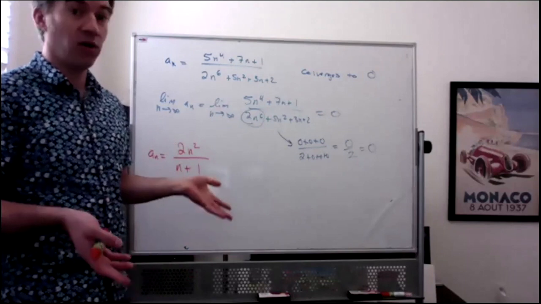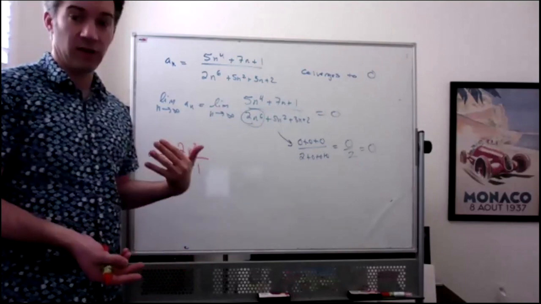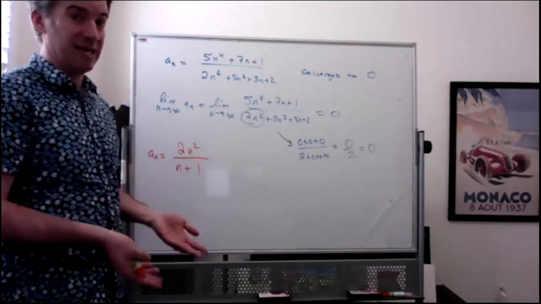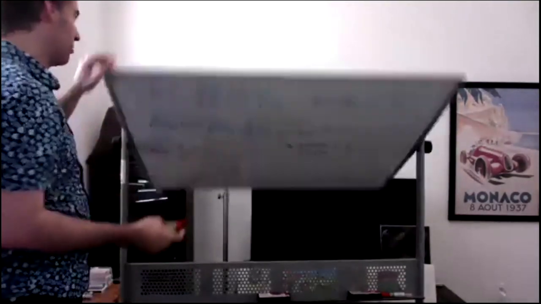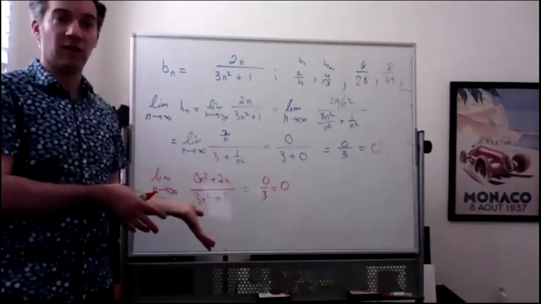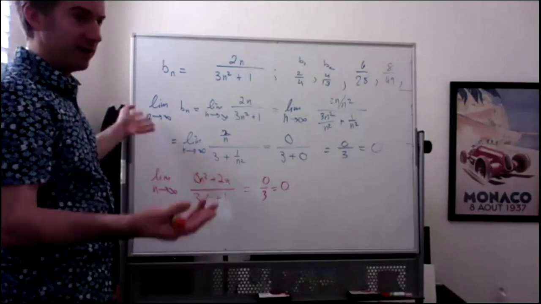Just like a 0 over 0 limit is an indeterminate form, so is infinity over infinity. What that means is that it can end up being anything, right? In this one, infinity over infinity was 0. In this one, infinity over infinity was also 0. But in some of the previous ones, infinity over infinity was a different number, like 3 or 2 or 5/8.